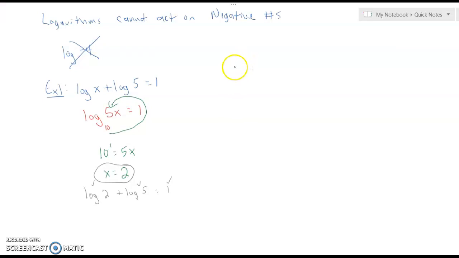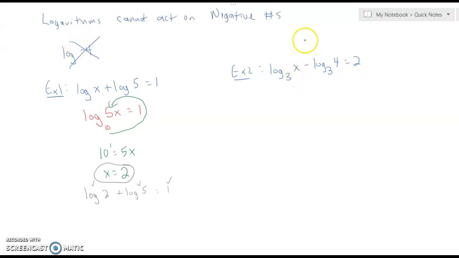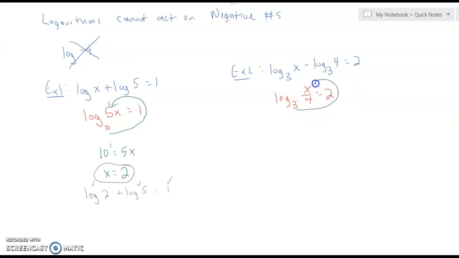What about a question like number 2, where we've got log base 3 of x minus log base 3 of 4 equals 2. So here our property is going to be the division property. I see we've got subtraction over here on the left side. I'm going to make that log base 3 of x divided by 4 equals 2. And go ahead and loop it around. x over 4 equals 3 to the second power.